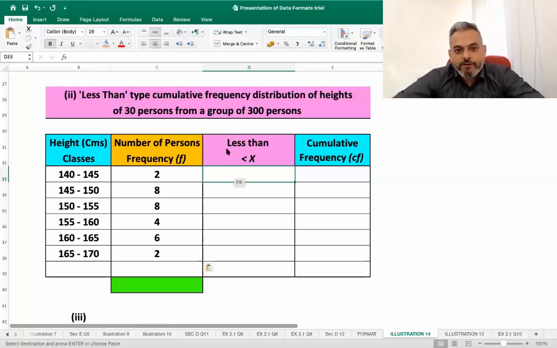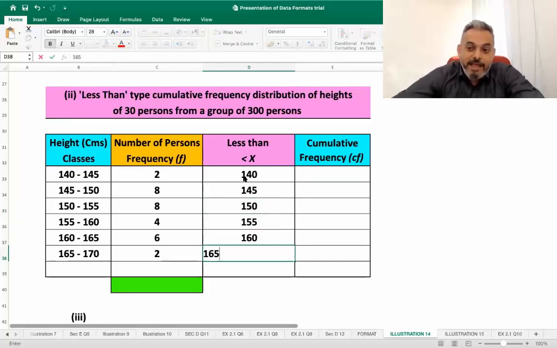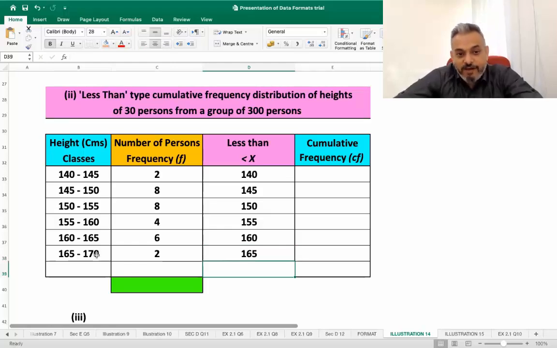Now we have to make less than type. So we have to start with the lower limit of the first class. So that is 140, then 145, then 150, then 155, then 160, then 165. And we have to go for the last class, the upper limit, so 170.